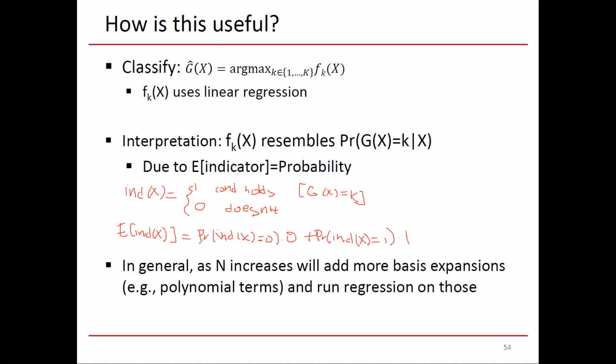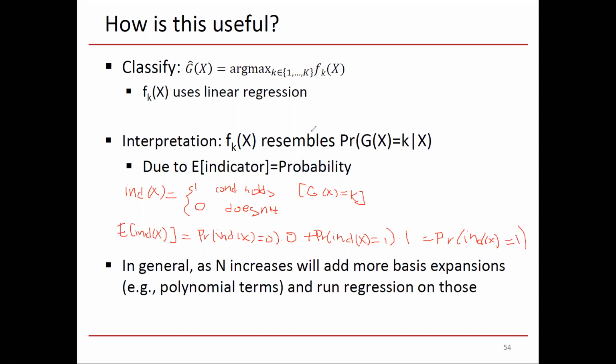But 0 times something is 0, and 1 times something is itself, so we're left with the probability that the indicator function is equal to 1.